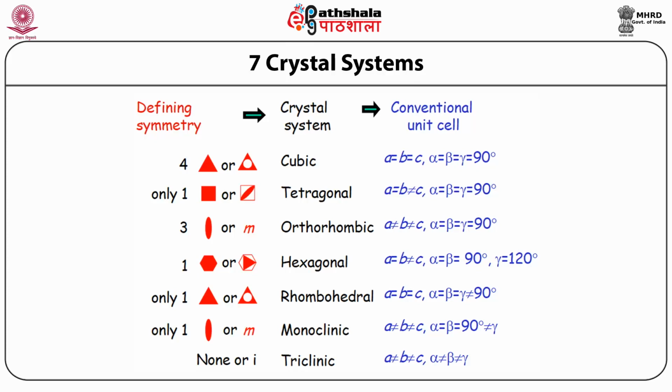An FCC unit cell has 4 lattice points, implying that it has 4 primitive unit cells. Likewise, the reason why we don't have a face-centered tetragonal cell is that we can always have a smaller unit cell inside, which is a body-centered tetragonal with similar four-fold symmetry.